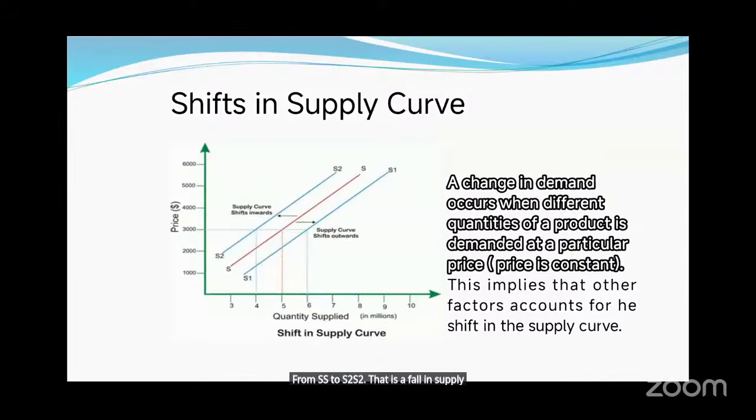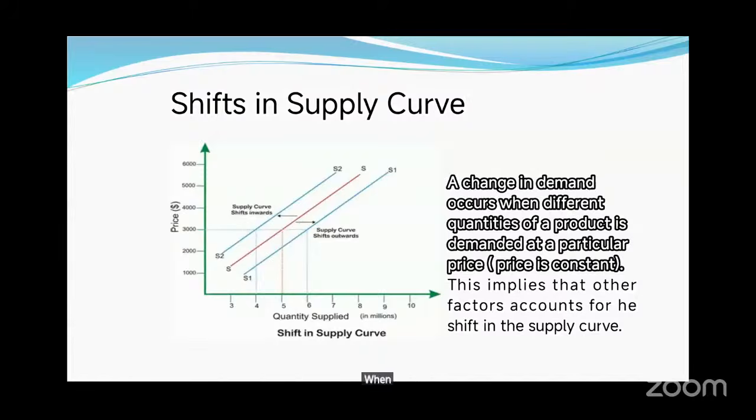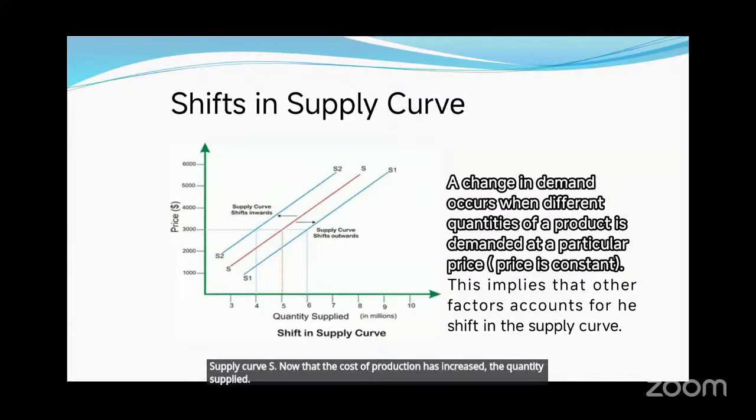You can see from that graph that at S, the quantity supplied is 5 million when the price was $3,000. That is at supply curve S. Now that the cost of production has increased, the quantity supplied has reduced to 4 million.